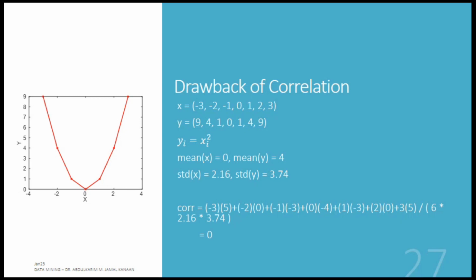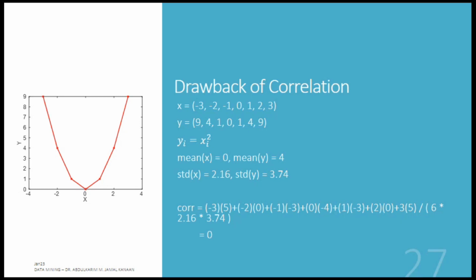In this case, we call it non-linear. You see the line we got? This is a non-linear line, or we call it a curved line. If this is the case, correlation may fail to detect any relationship between these two variables, though there is a relationship, it's quite clear. If the value is less than 0, it's negative, right?